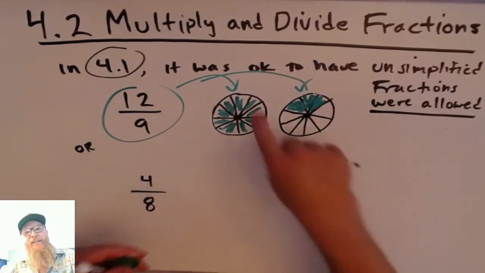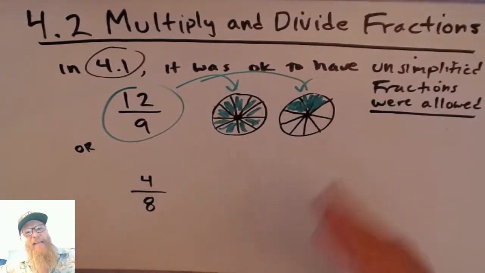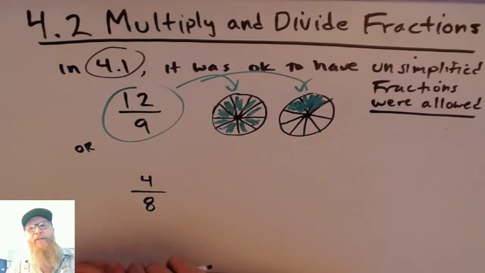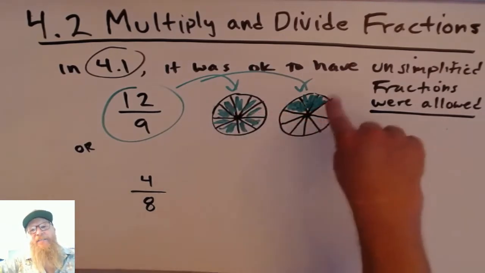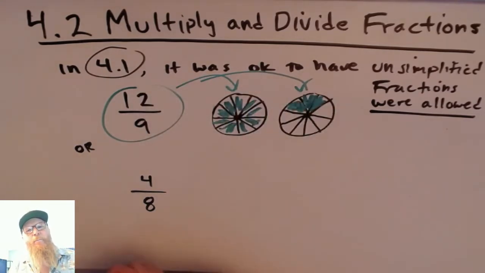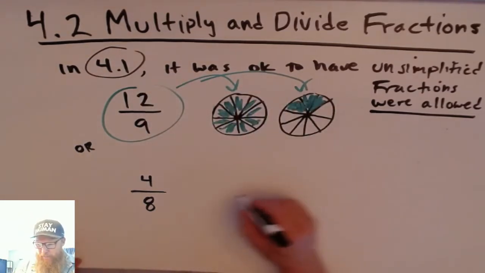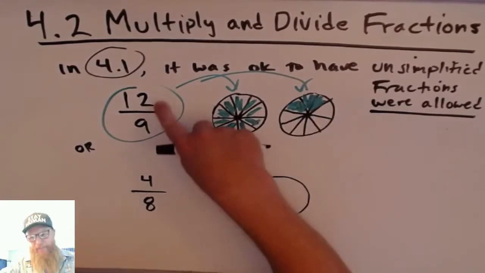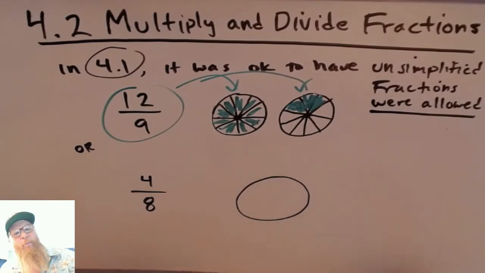The fraction is there are 9 sectors or 9 pieces of each pizza or pie or whatever you want to think of it as. So this is 9 ninths and this is 3 ninths. So altogether that's 12 ninths. So an improper fraction, 12 over 9, represents more than 1 unit.